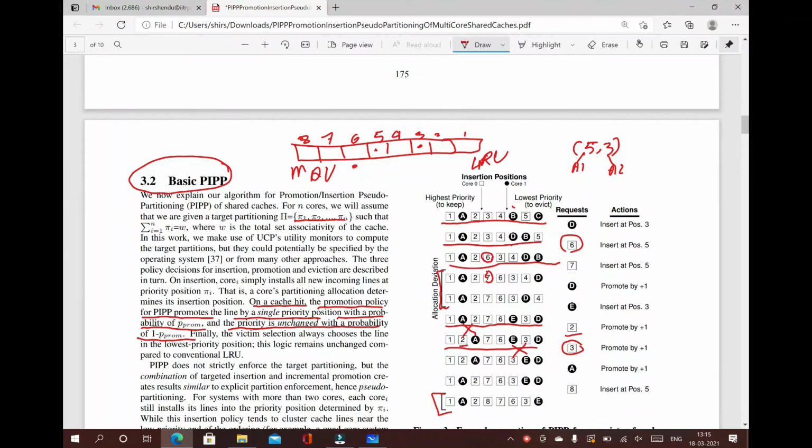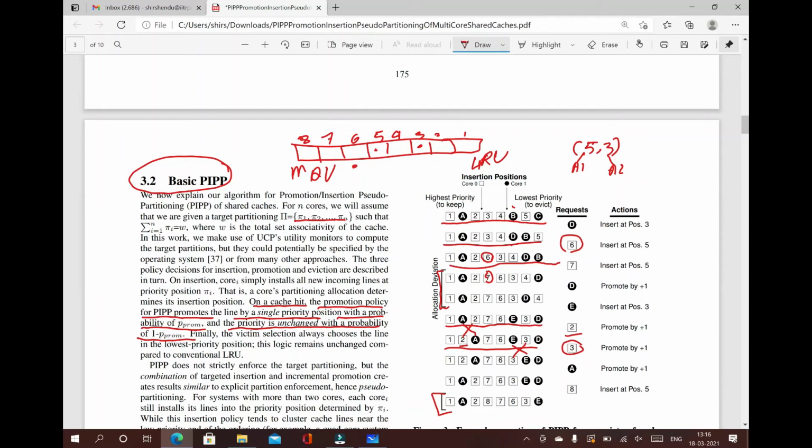In that case, if we are inserting at position 5, then maybe it's not correct, because unnecessarily we are giving more ways to an application which does not need them, because a scanning application means a low utility application, right? Low utility, what is called low utility, I explained in the last lecture. So for a low utility application, if you give more ways, then it's a wastage of ways.